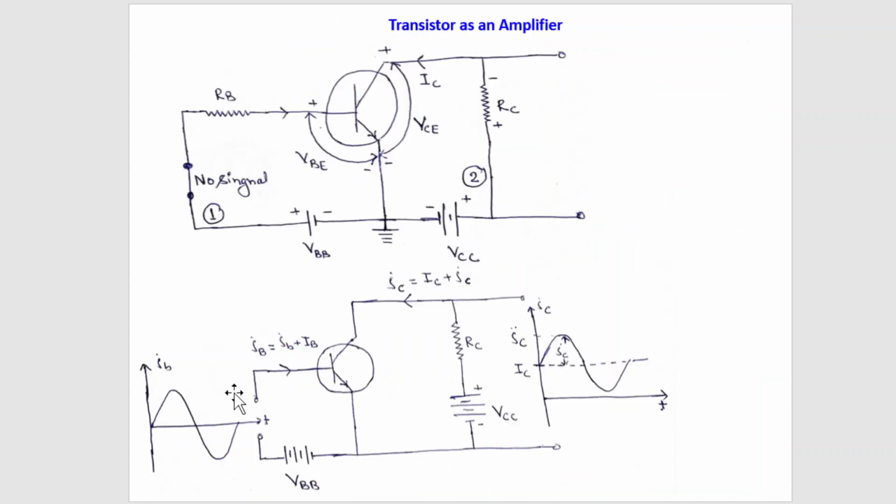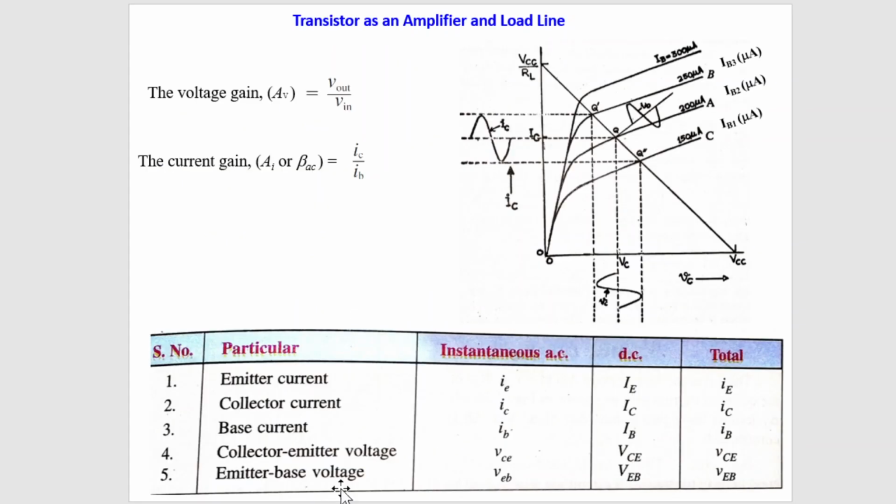But here, when we apply an input AC signal, the collector emitter voltage, base emitter voltage and collector current notation is changed. Here I have given the notations: emitter current, collector current, base current, collector emitter voltage, base emitter voltage, emitter base voltage.